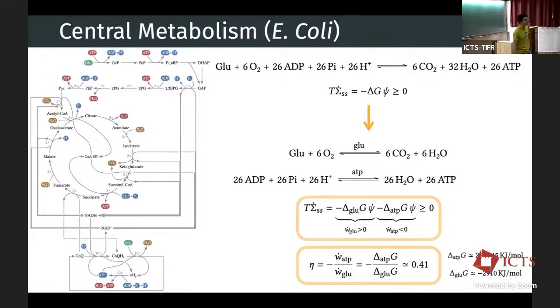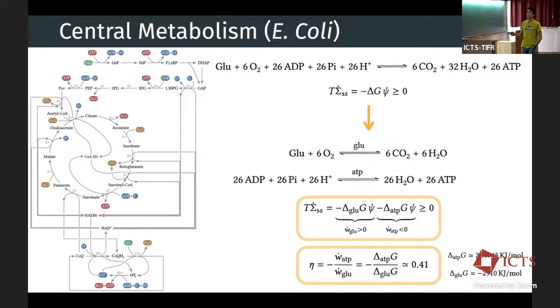Let me stress this once again. We can do this splitting only because the two processes we get out of the splitting are mass balanced, meaning that all the atoms on the left are exactly equal to all the atoms on the right. If this wasn't true, we couldn't do that.